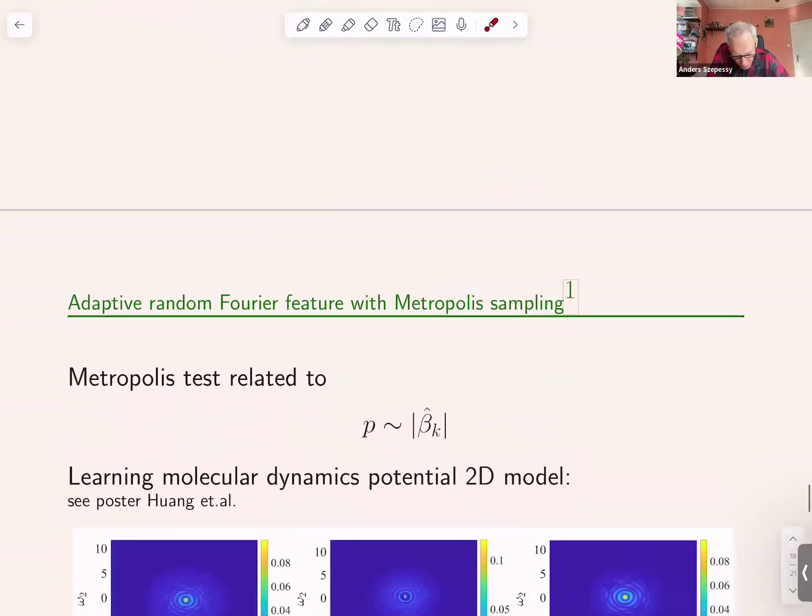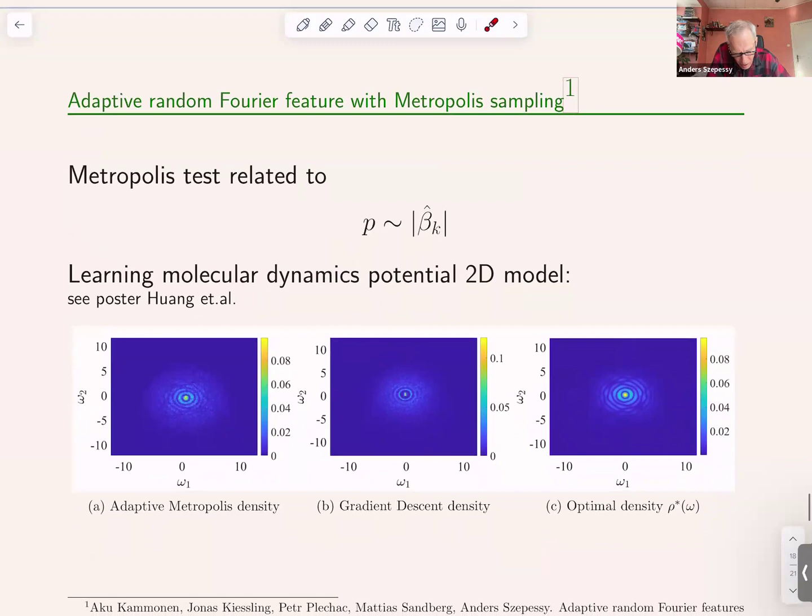Okay, so how can one in practice obtain that? That goes back to some work we did with Akko Kammonen and Peter Pleschak and Matthias Sandberg some years ago with adaptive random features, which includes a Metropolis sampling.